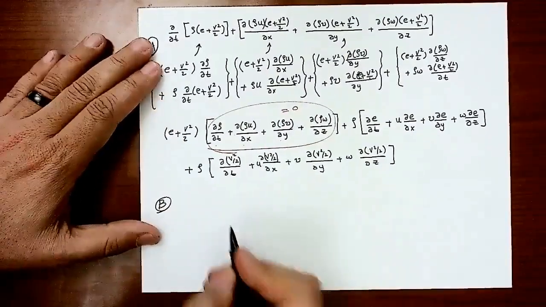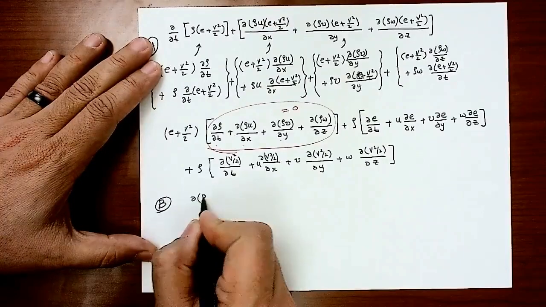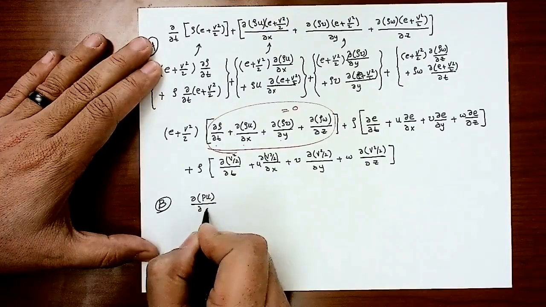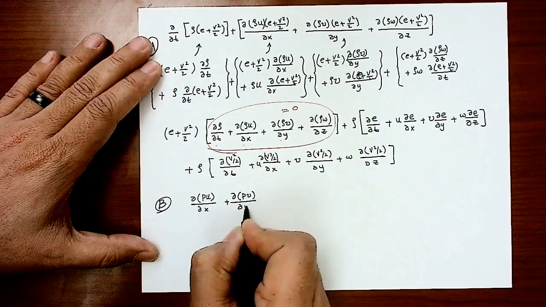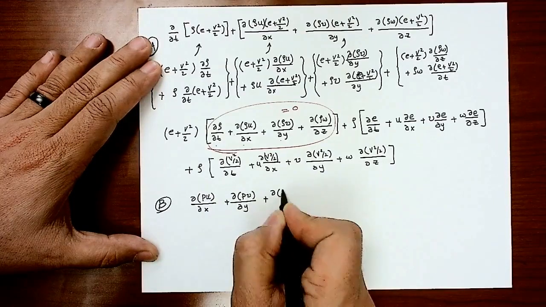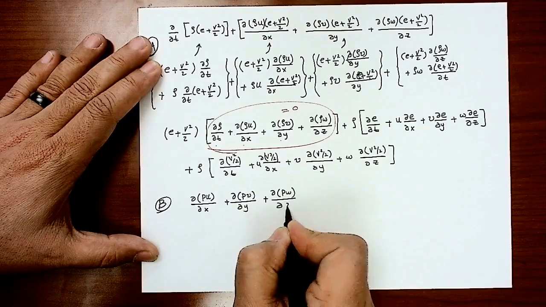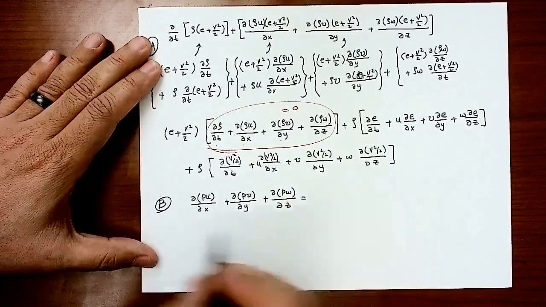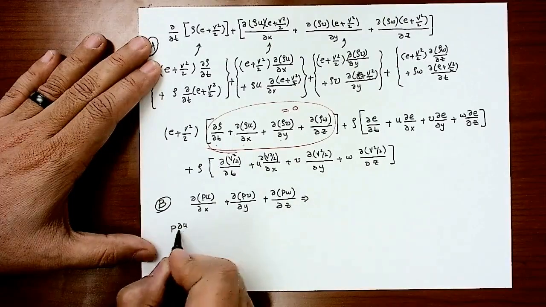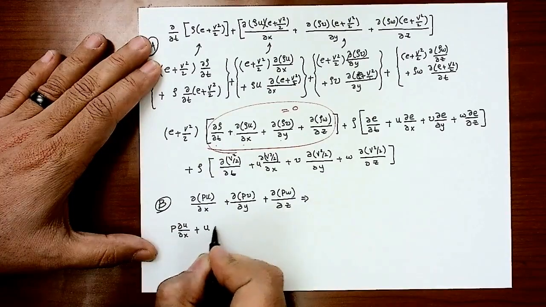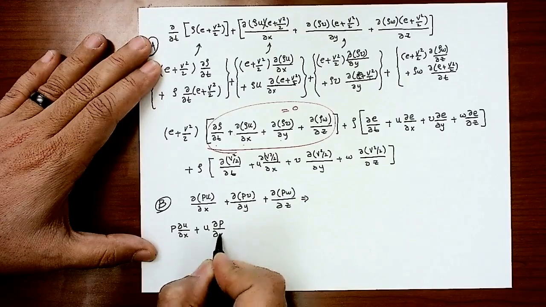So I'm going to take ∂(PU)/∂X plus ∂(PV)/∂Y plus ∂(PW)/∂Z. This will be the following. This one will give me P ∂U/∂X plus U ∂P/∂X.